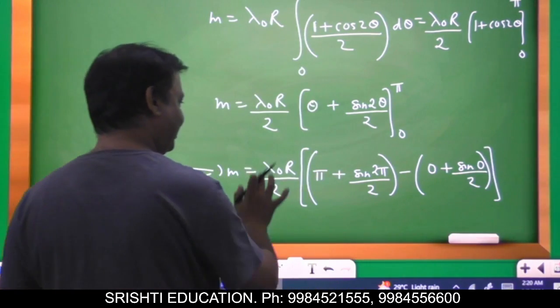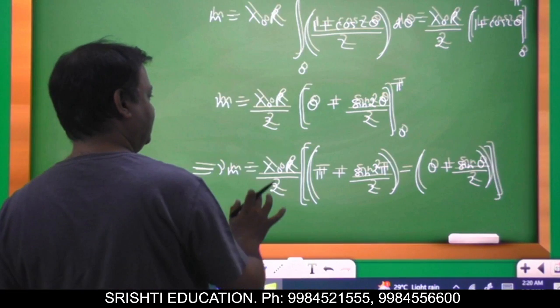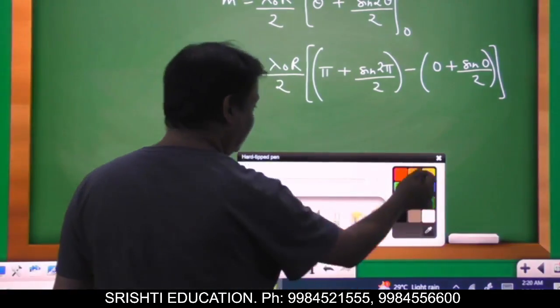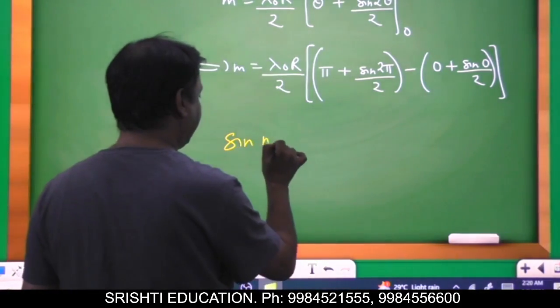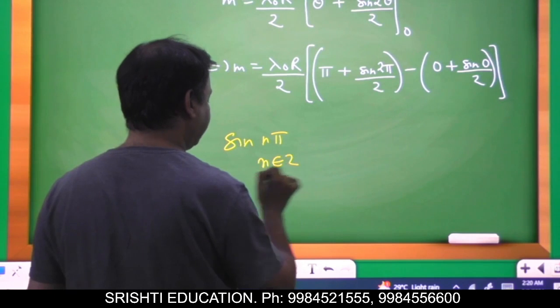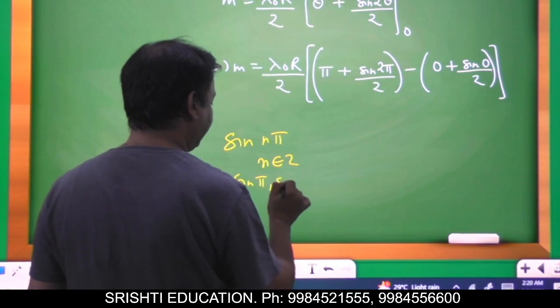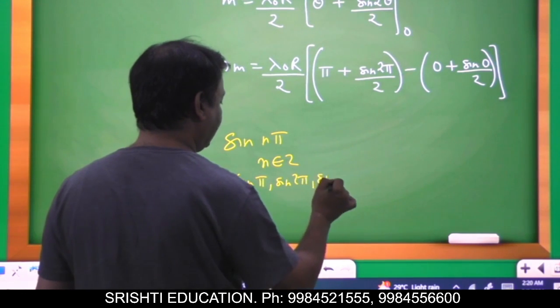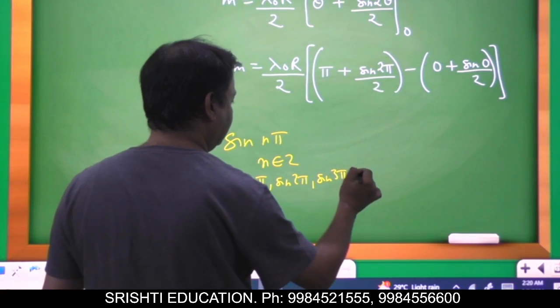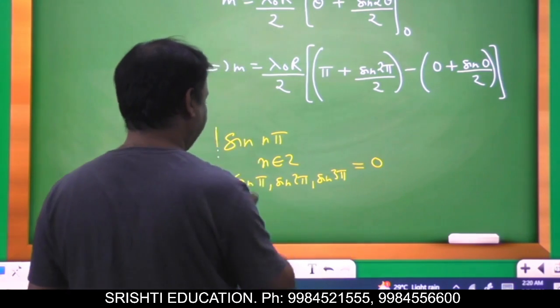Now you see the basics of trigonometry: whenever we have any integral multiple of pi, sine n pi, n belonging to integers, like sine pi, sine 2 pi, sine 3 pi, it will have a value of 0.